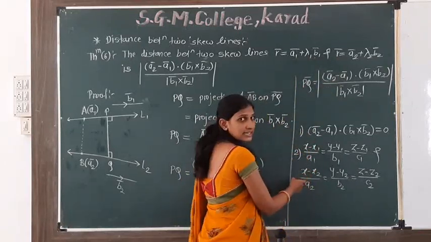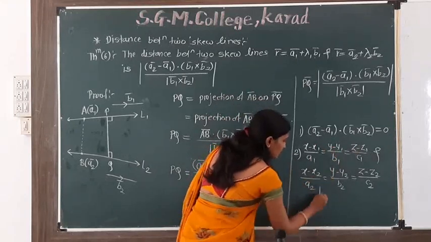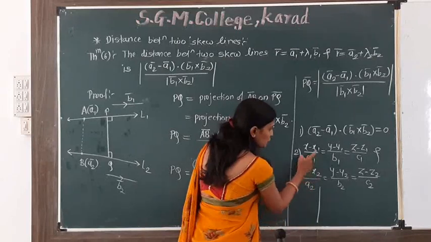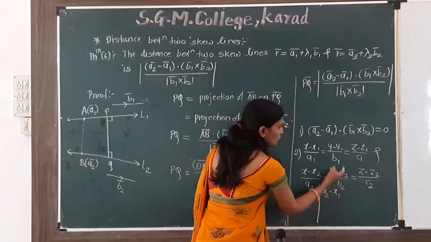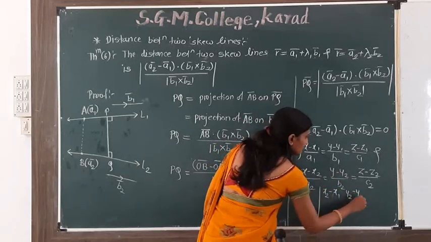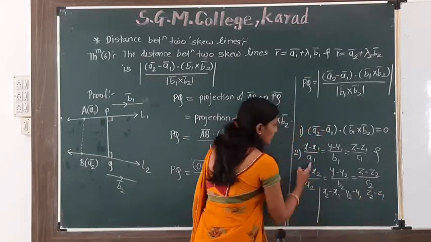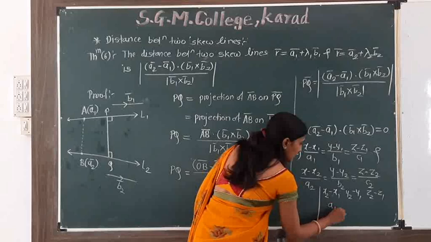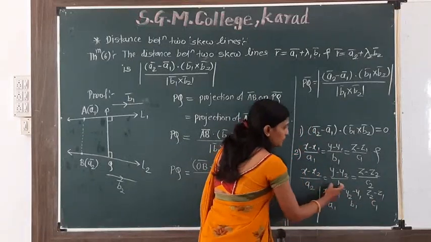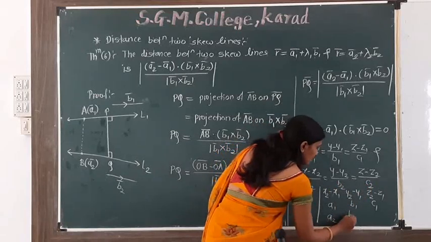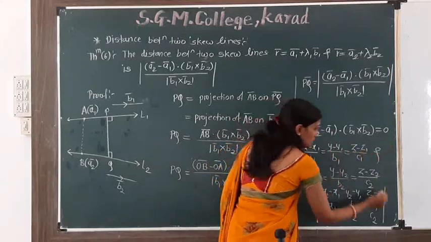If these two lines are intersecting, then this condition becomes the determinant of: first row x2 minus x1, y2 minus y1, z2 minus z1; second row a1, b1, c1, the direction ratios of the first line; and third row a2, b2, c2, the direction ratios of the second line, and its value becomes 0.